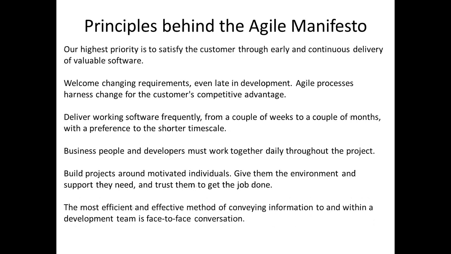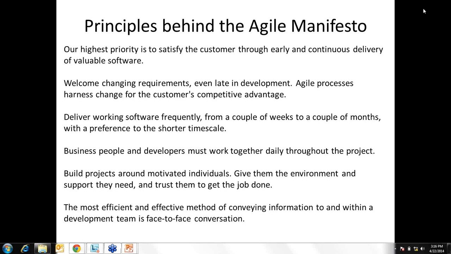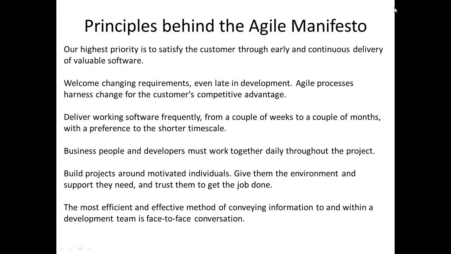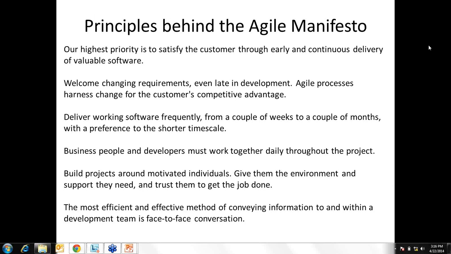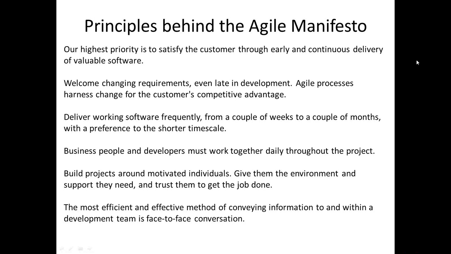So it says our highest priority is to satisfy the customer. The first principle says they always find the highest priority in satisfying the customer through early and continuous delivery of valuable software. Then the next principle says welcome changing requirements even late in development. Agile processes harness change for the customer's competitive advantage.